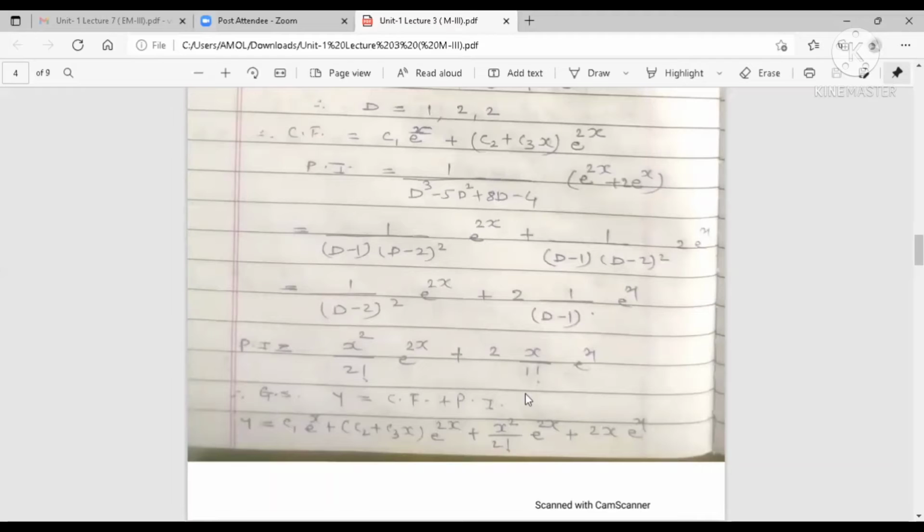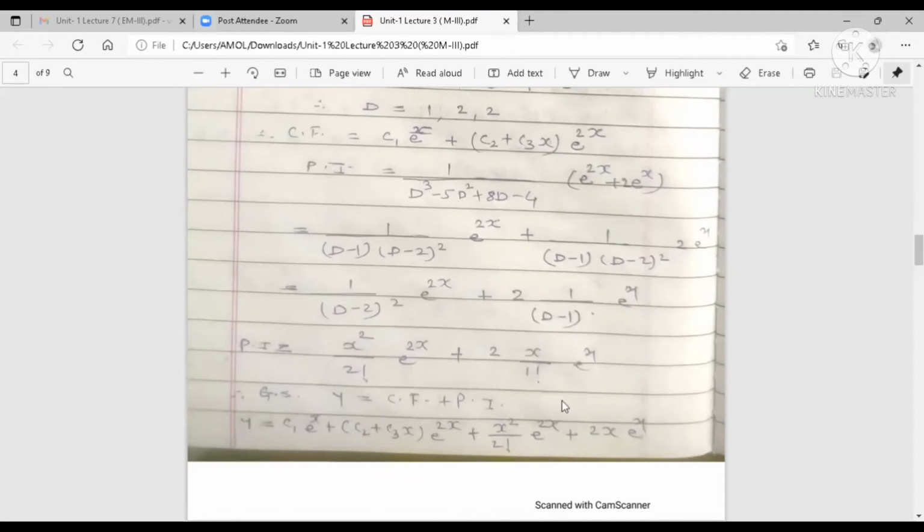Or you may use the same formula: 1 upon (D minus a) to the power r into e raised to ax. The factor is 1, the coefficient is 1, and the value of r is here 1. So x raised to 1 upon 1 factorial into e raised to x.